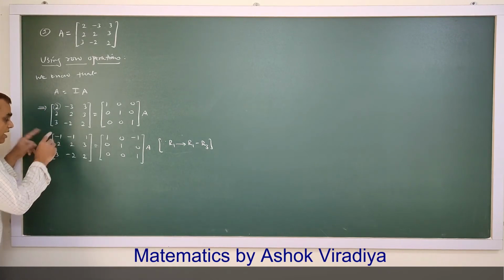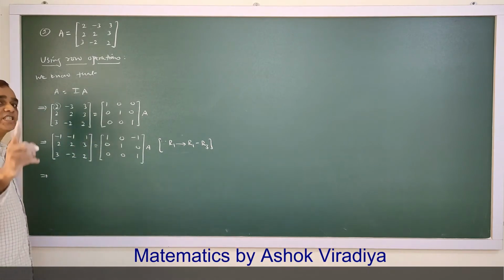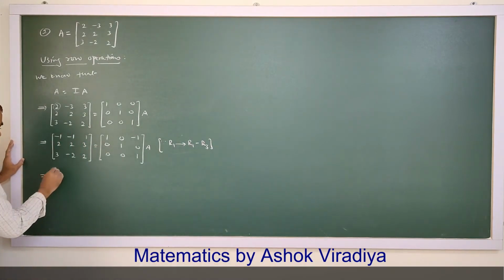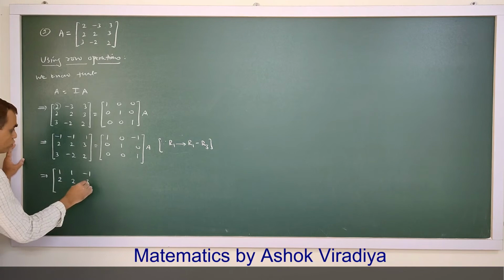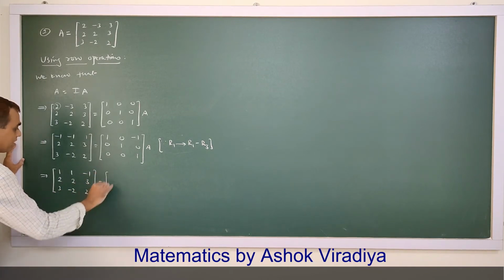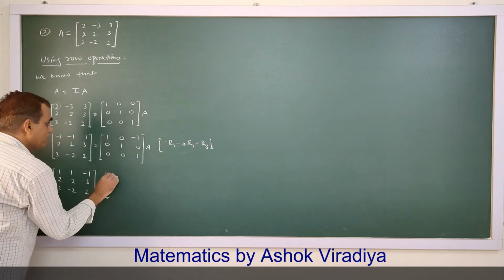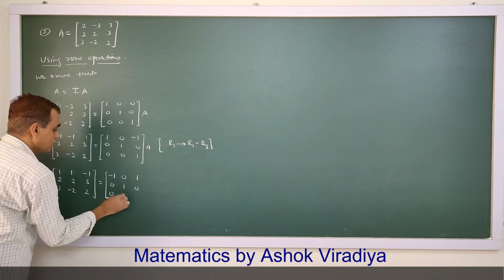Now to get 1 here, I multiply the elements of the first row by minus 1. So multiplying this element by minus 1, this will be 1, 1, minus 1, 2, 2, 3, 3 minus 2, 2. Same here, multiply this by minus 1. So minus 1, 0, 1, 0, 1, 0, 0, 0, 1.